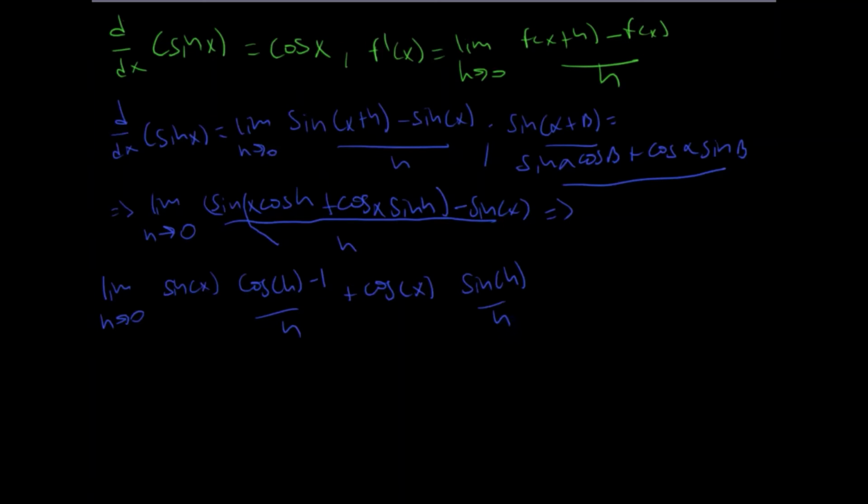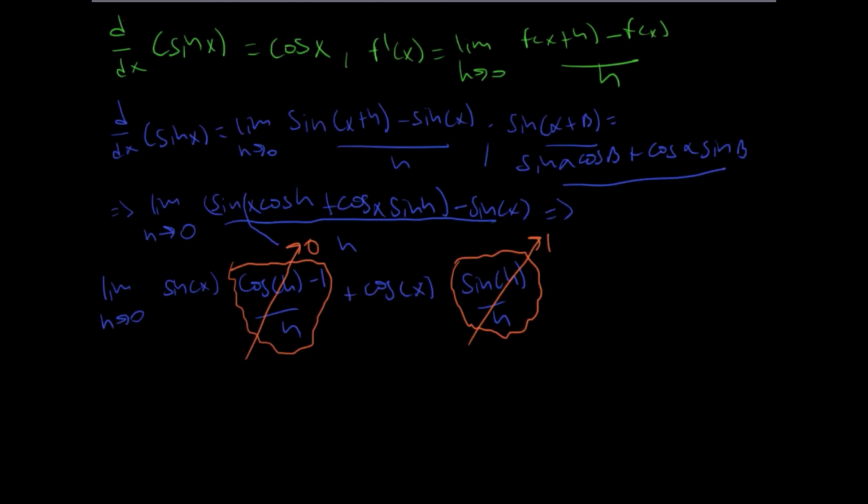And if you remember correctly, this limit right here and this limit right here, you might have seen it as the limit of cosine of x minus 1 over x, and the limit of sine of x over x. But nonetheless, this limit, we know by definition, approaches 0. This limit right here approaches 1.